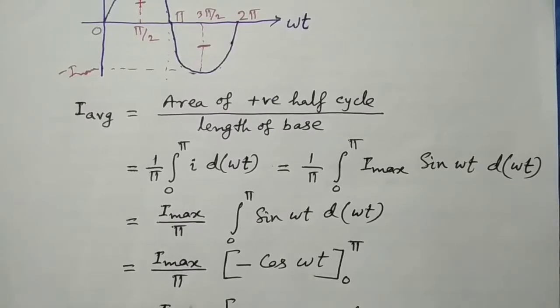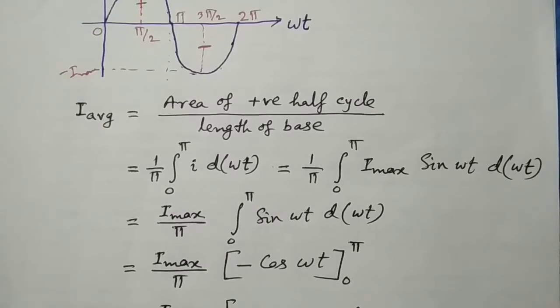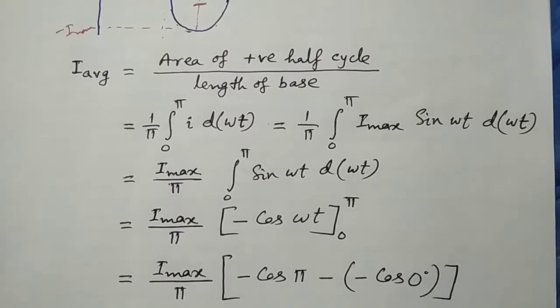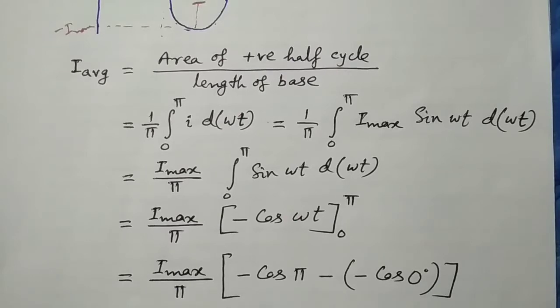In the next step, I integrate the sin omega t, so it will be minus cos omega t, and the range is 0 to pi. Then put the value of pi, so it will be minus cos pi minus cos 0.